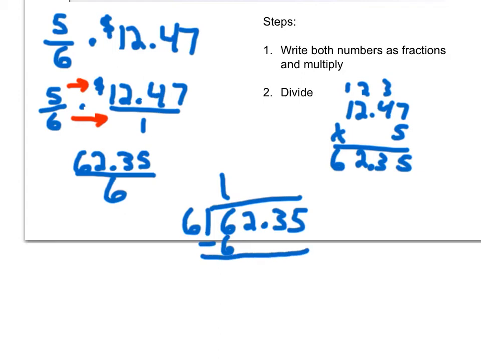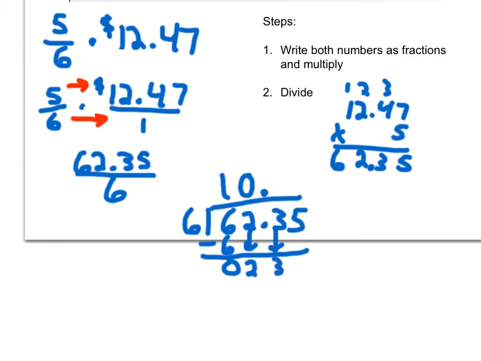I subtract and I get 0, and if I bring down my 2, now here's where some people mess up on division, okay? I brought down a digit here, so I need to tell how many times does 6 go into 2. Well, 6 doesn't go into 2, it goes in 0 times. And I'm not going to forget to bring my decimal up here. I like to do that right away. Now we said 6 doesn't go into 2, it goes in 0. So now I need to bring down another digit.